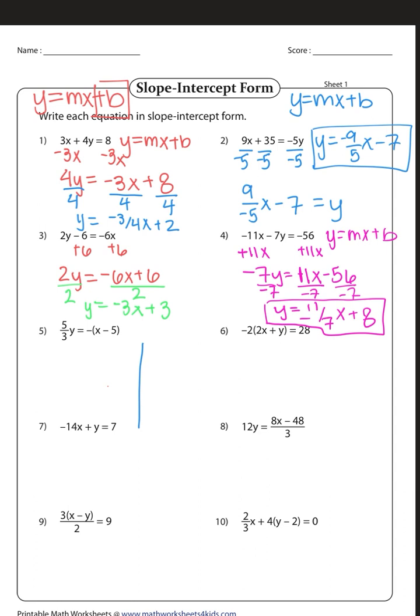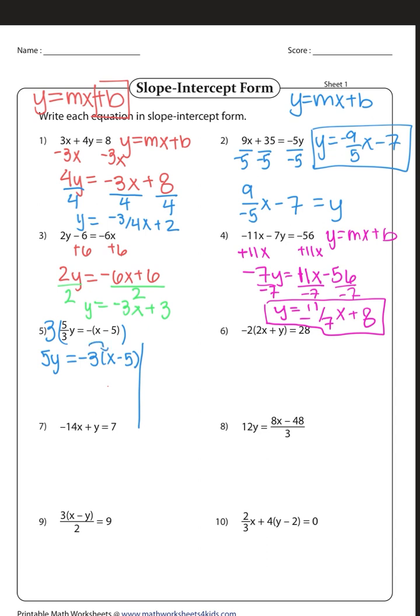The first way I'm going to solve it is by multiplying by 3. I multiply by 3 because we have a fraction, 5 over 3, and I like to get rid of fractions. So we multiply by 3 and we get 5y is equal to negative 3x minus 5. Next, I'm going to distribute the negative 3.